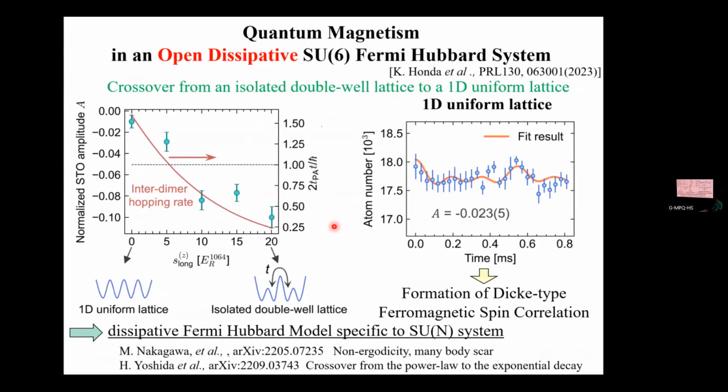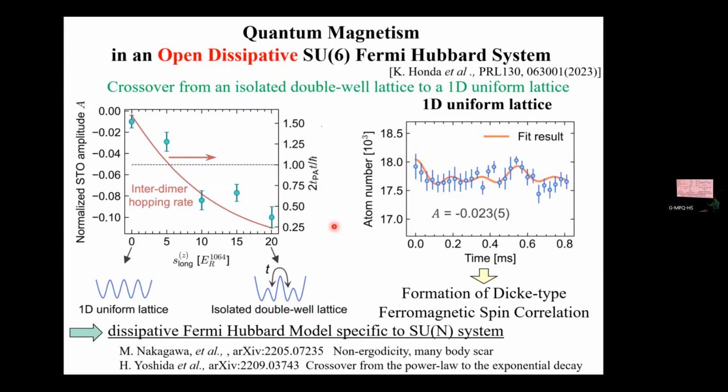Theoretically, 1D atoms in a 1D lattice had a Dicke type spin correlation. The Dicke state has the largest spin paramagnetic correlation.